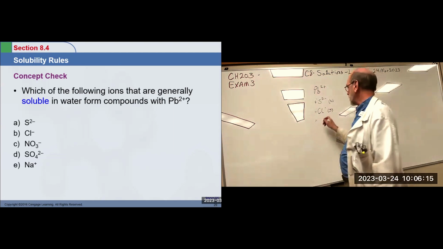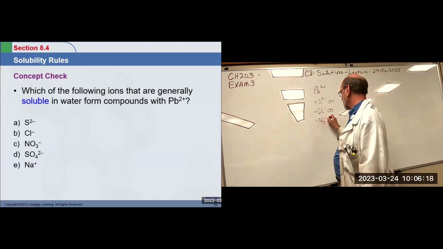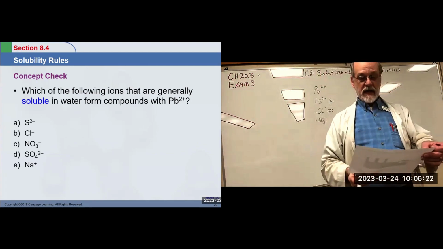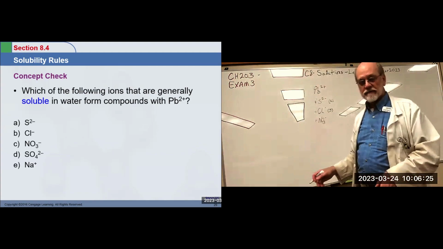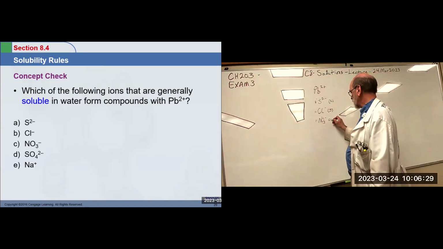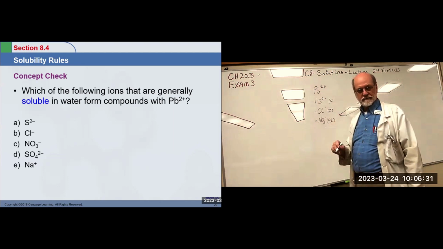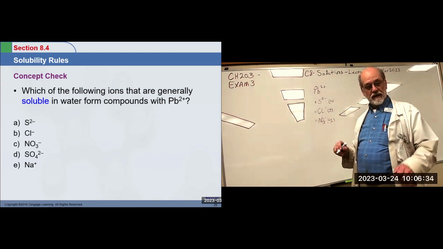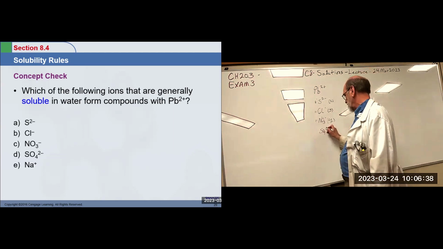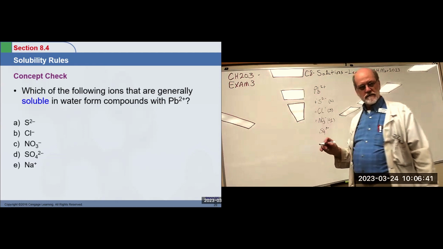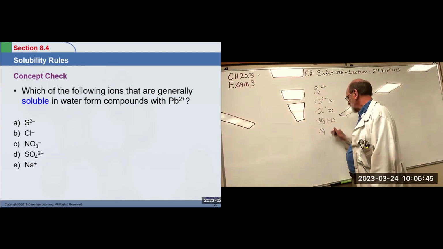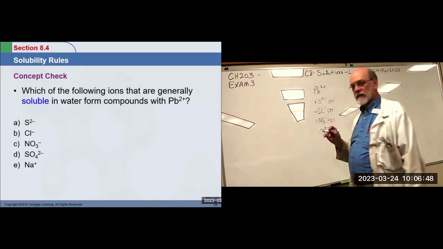How about nitrate? Follow that one down, and we find that it's soluble. In fact, all nitrates are soluble. That's one of the rules. So this one will remain in solution. How about sulfate? Oh, 2-, sorry. I was thinking phosphate. Sulfate. There we go.